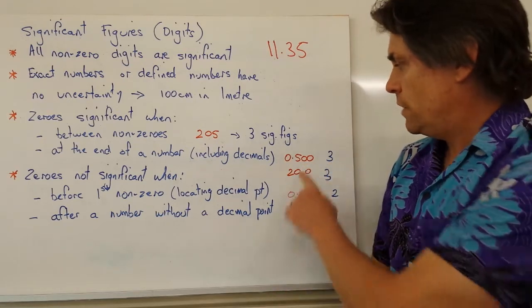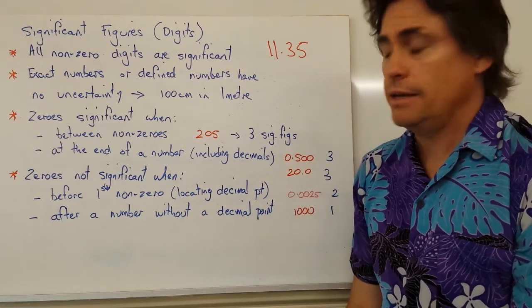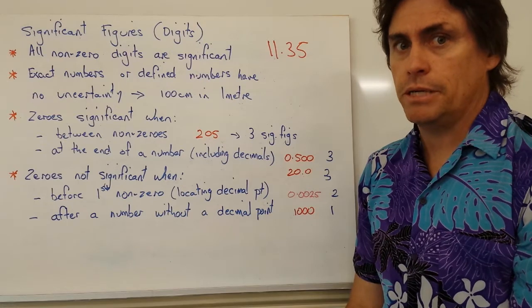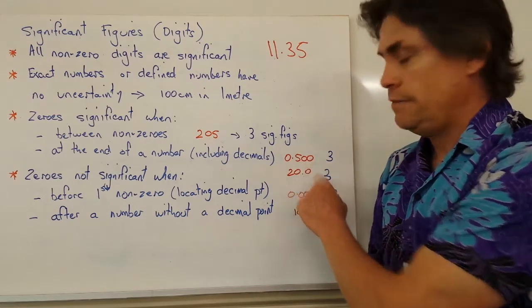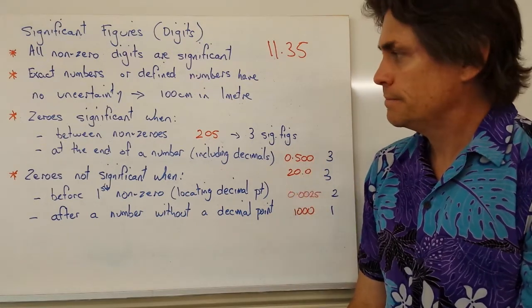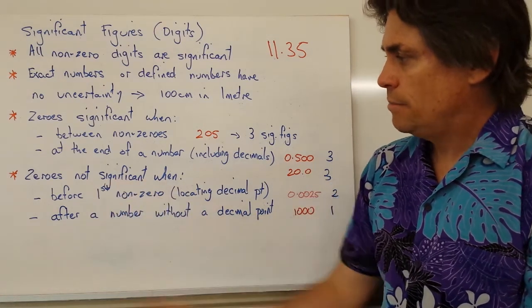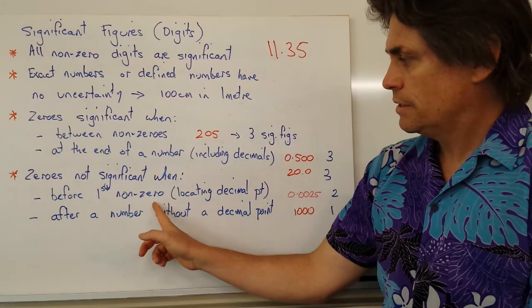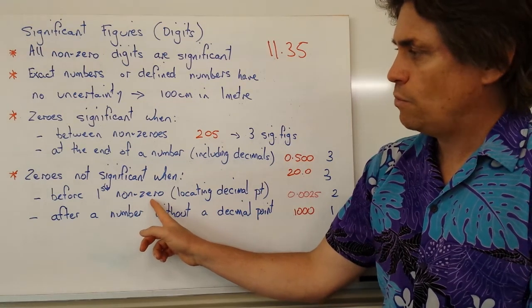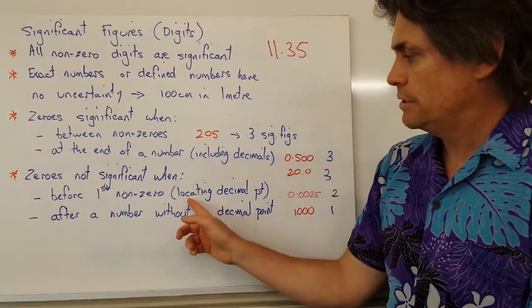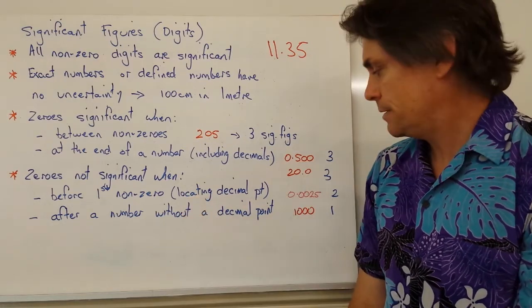However, if I just included extra zeros on there, because I felt like it, those extra zeros would not be significant because we can't measure down any further than this with our piece of equipment. Our zeros are not significant when our zero is before the first non-zero. In other words, it's locating a decimal point.